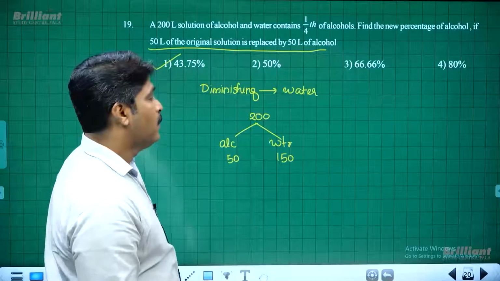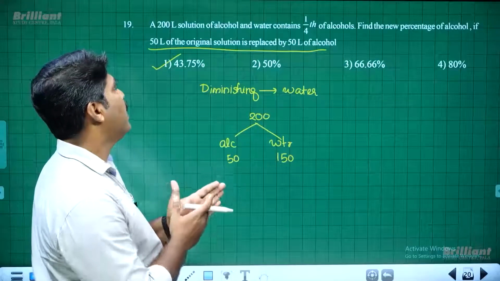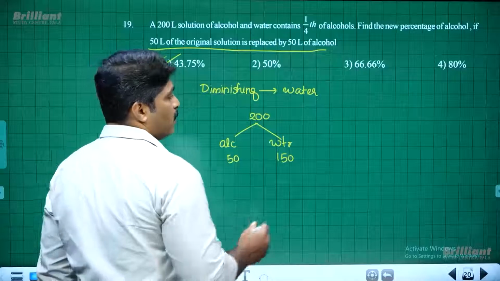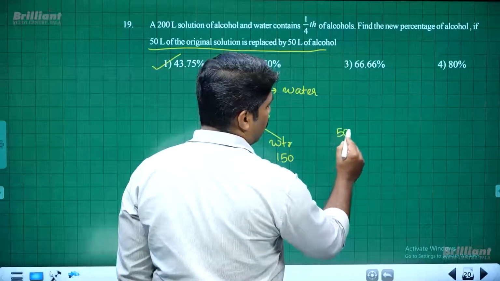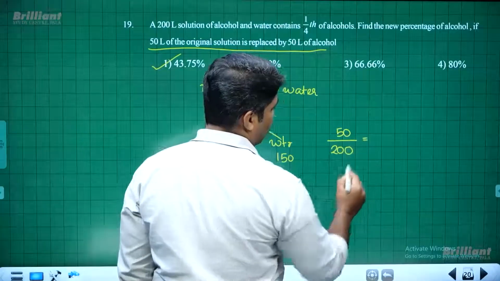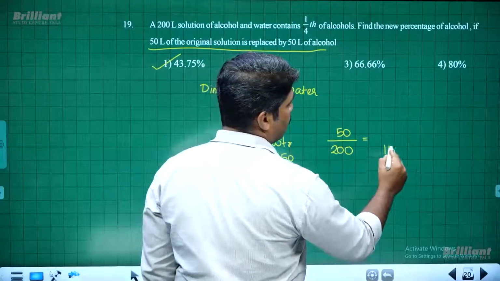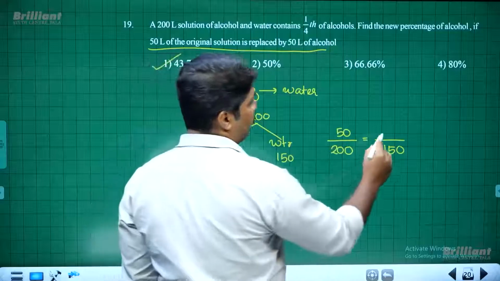So the replacement quantity out of the total quantity is the same as the decrease in water to the initial quantity of water.